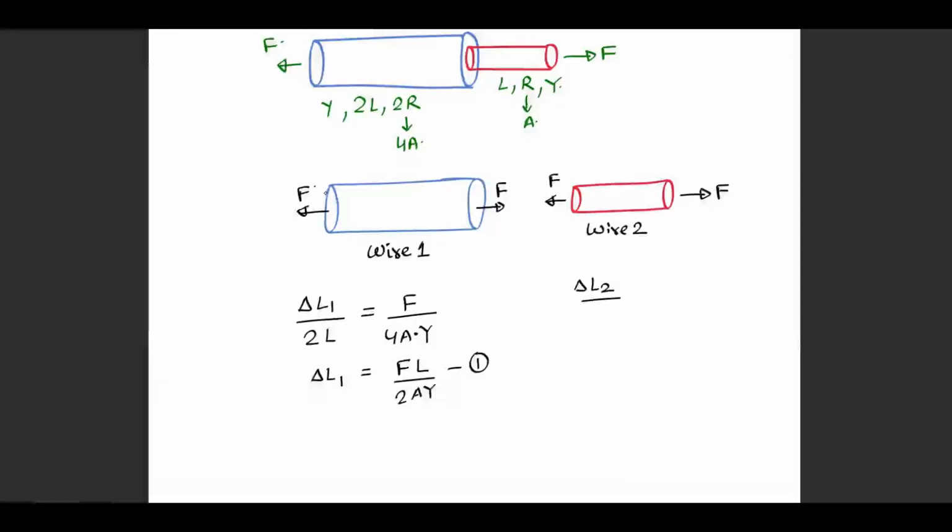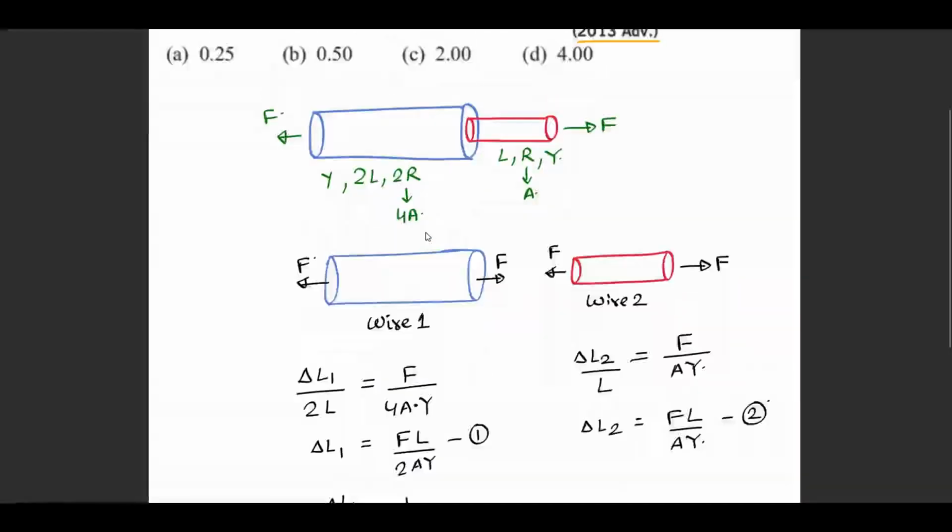Similarly, delta L2 by L is F by AY. So delta L2 will be FL by AY. This is equation 2. If I take the ratio, delta L1 by delta L2 then will be half. So the ratio of elongation in the two wires will be half.